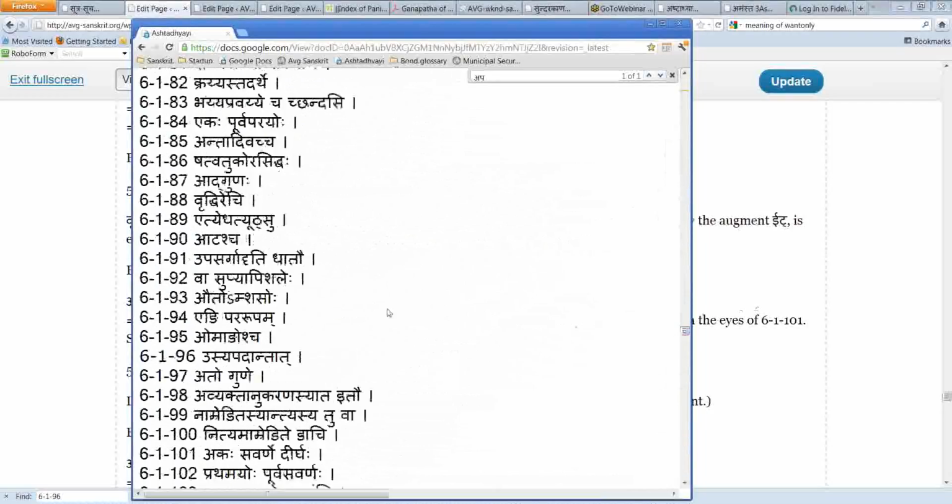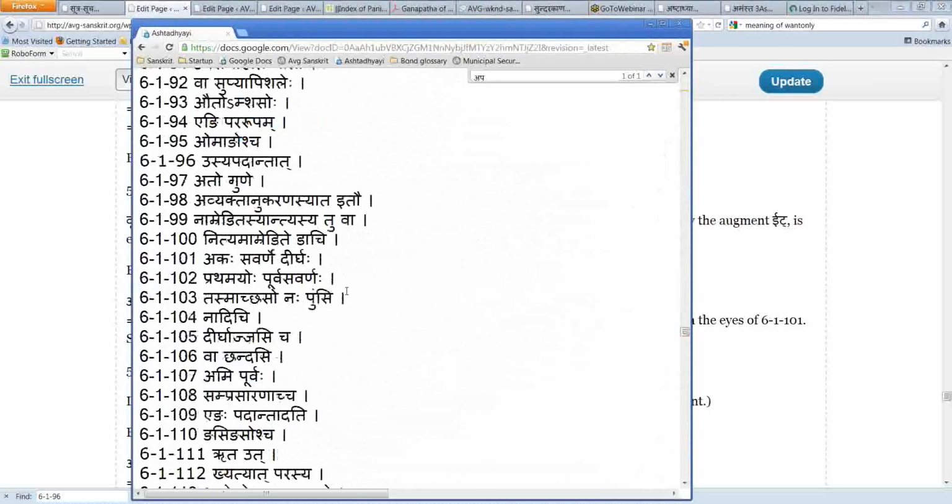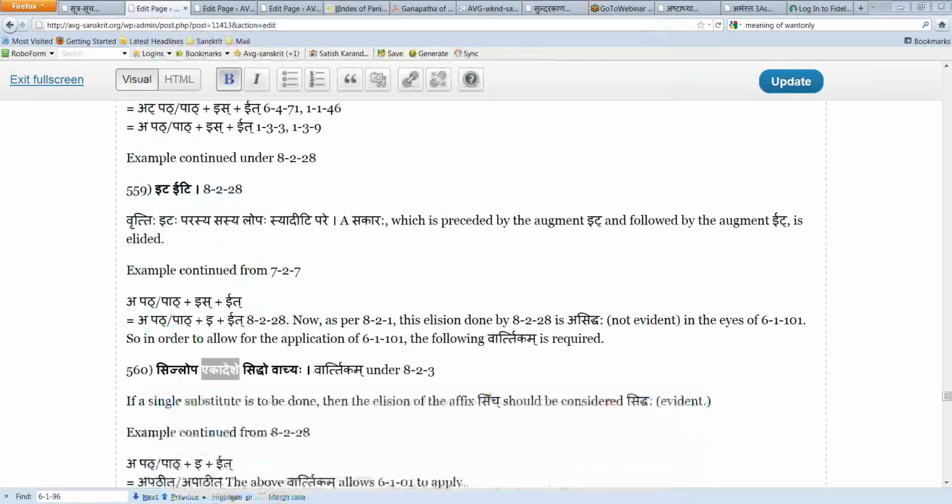And in that adhikara is a sutram which says akah savarne dirghaha. So in the eyes of akah savarne dirghaha, this sich lopaha becomes siddha by this vartikam. Ekadeshe kartavye sich lopaha siddho vachyaha. If you want to make a single substitute in place of two, then the elision of sich should be considered evident in spite of purvatrasiddham.